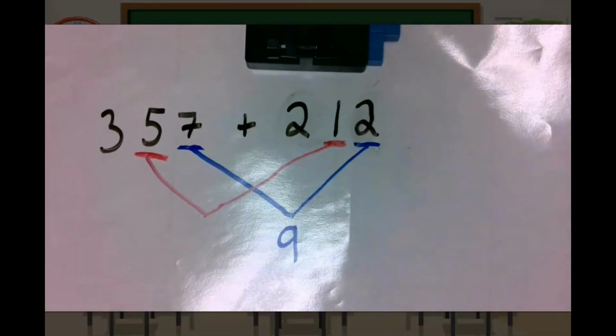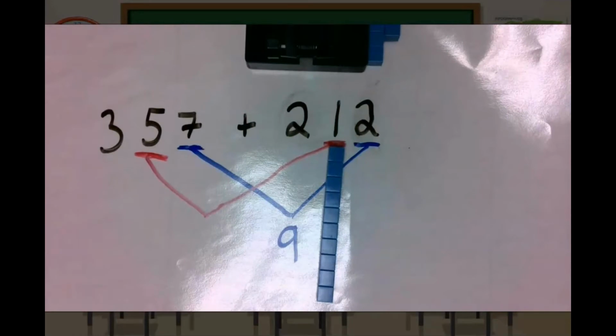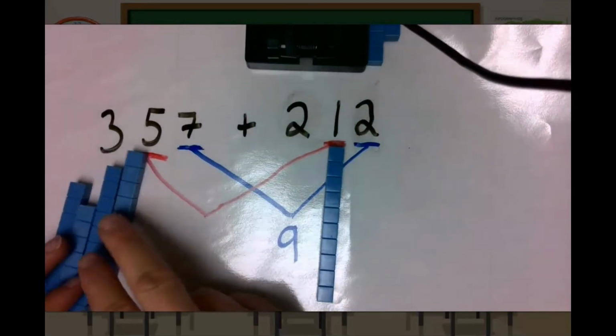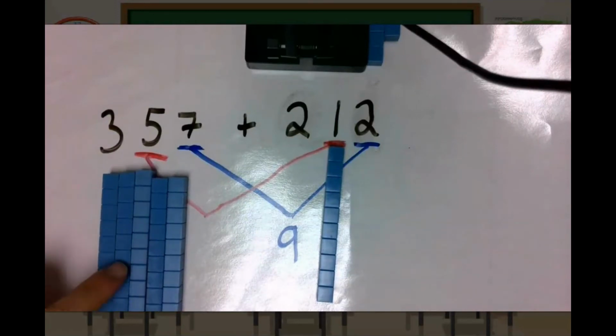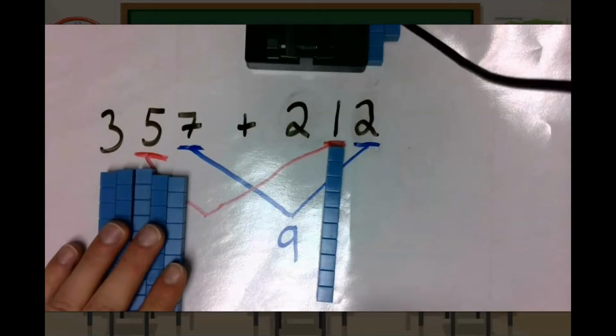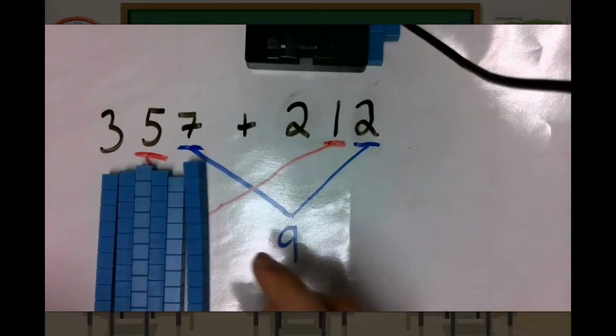It's really 1 ten plus 5 tens. So it's really 10, 20, 30, 40, 50 plus 10. 50 plus 10. What is 50 plus 10?